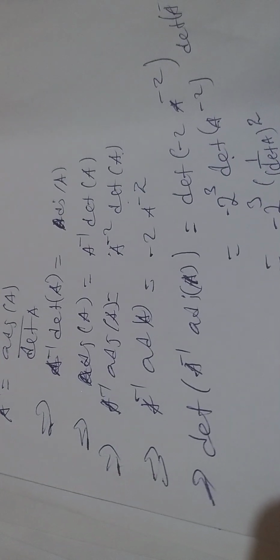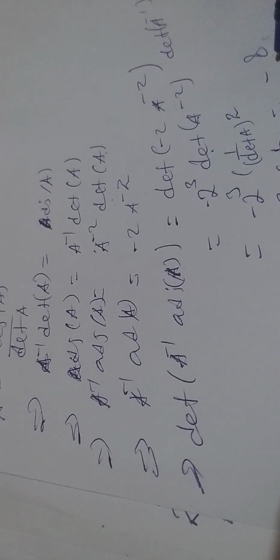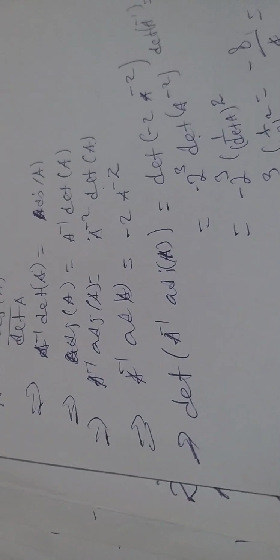So this is equal to negative 2 raised to 3 times 1 over minus 2 raised to 2. So this is equal to negative 8 over 4. So the result is minus 2.